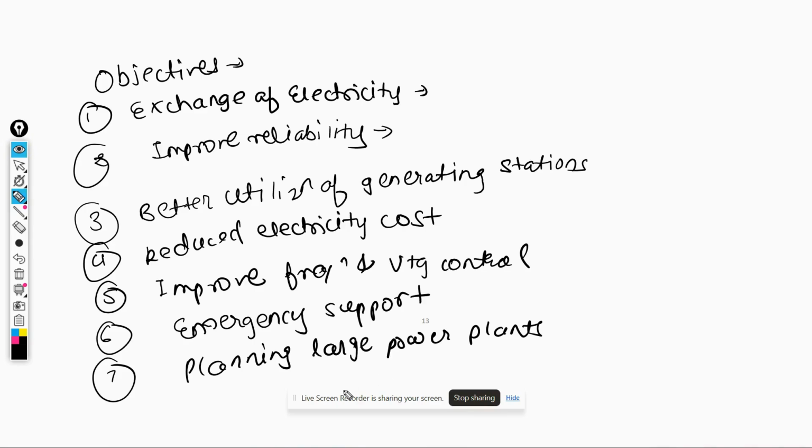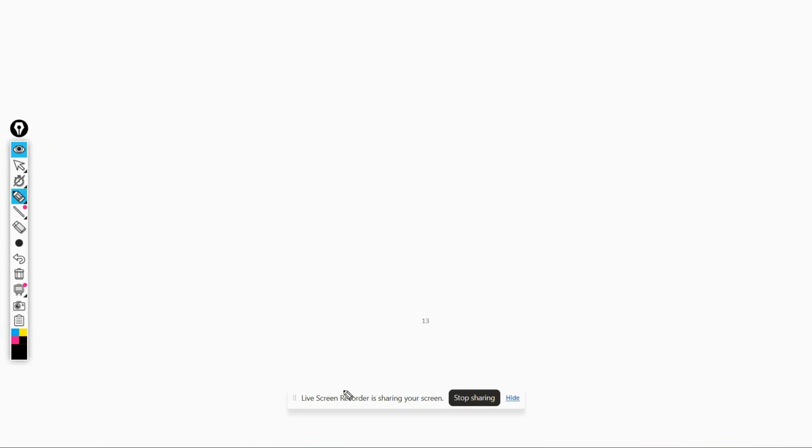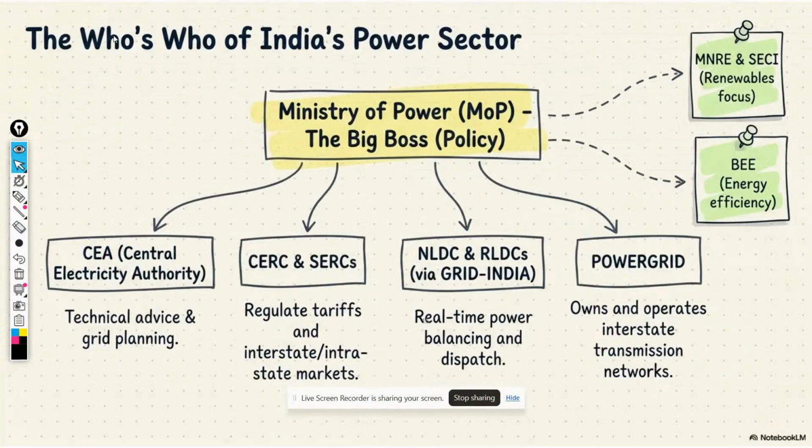Then moving to the next part. Now we will see the formation of these regional grids.